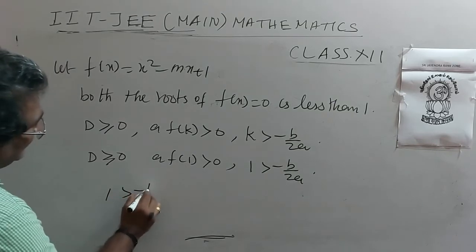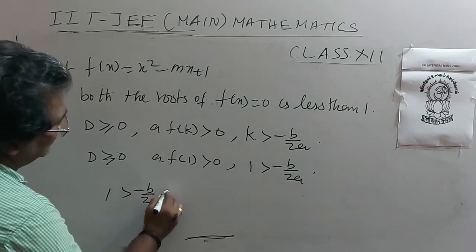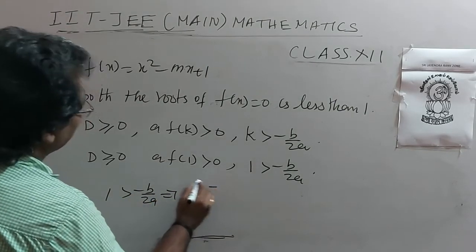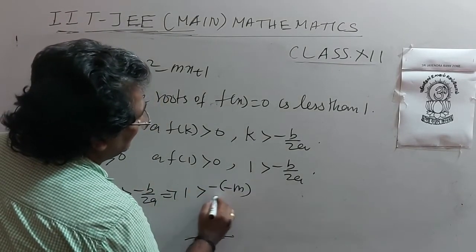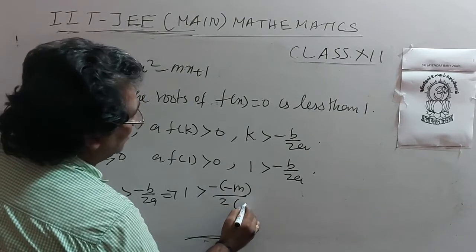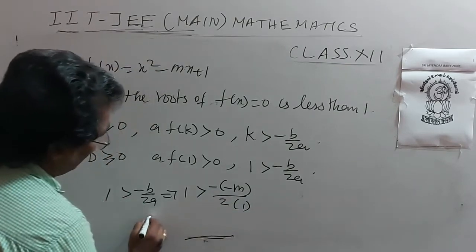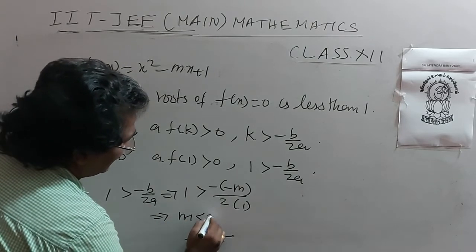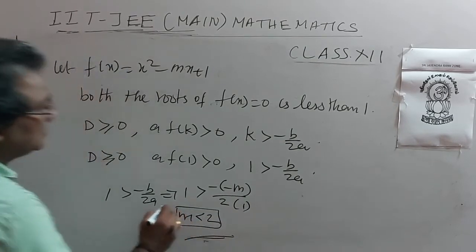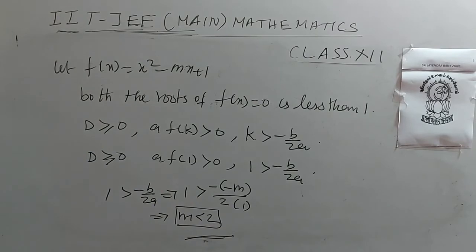One greater than minus b by 2a, where b takes value minus m, implies 1 greater than m by 2 into 1, that is m is less than 2.